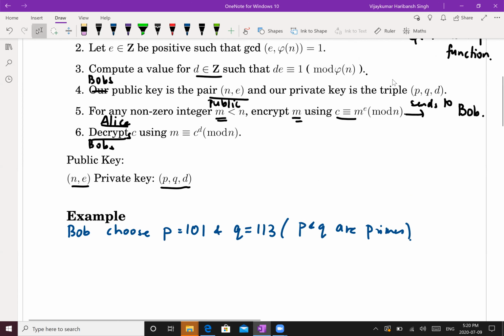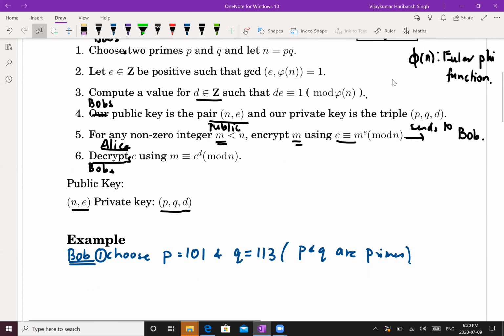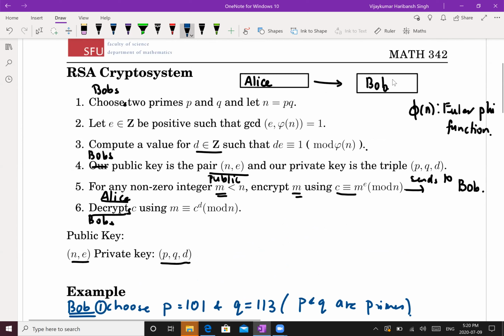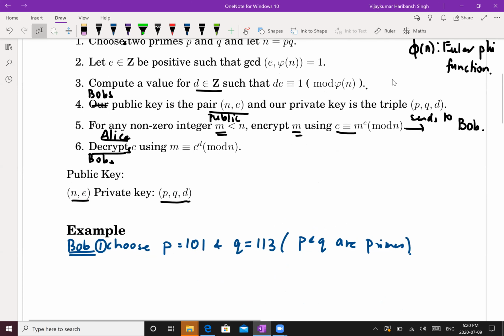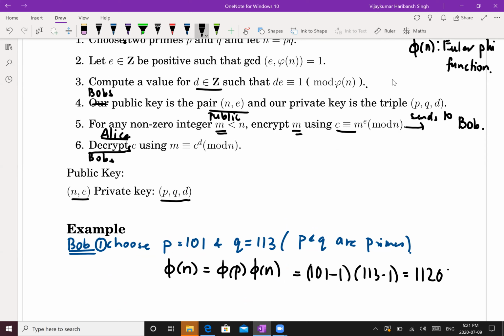So this is what Bob does. First he chooses P and Q and computes N. Now note that once you know P and Q, phi of n is simply phi of P times phi of Q. So that becomes 101 minus 1 times 113 minus 1, which is 100 times 112, so 11200.